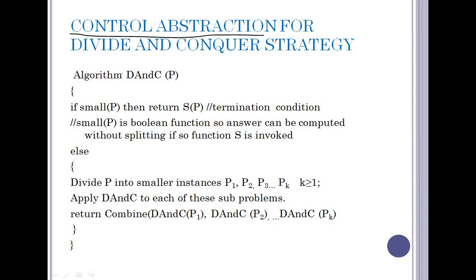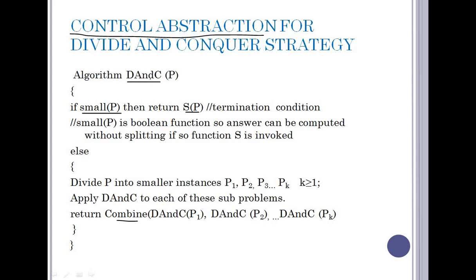For example, this divide and conquer procedure will have the Small(P) function, the S function, the small function, or it can have the Combine function. Through this we can understand the flow of control, but the detailed, precise meaning is undefined.